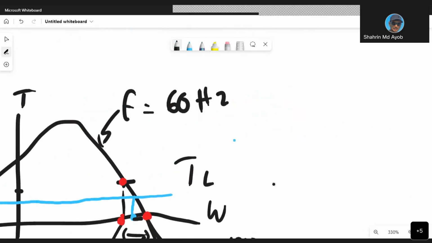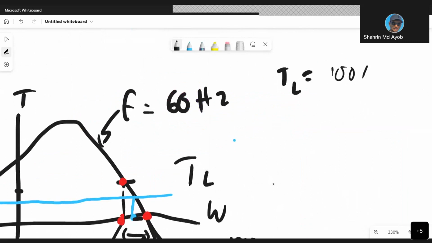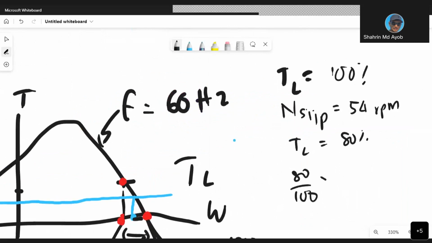So when your torque load is 100%, berapa dia punya end slip? Tadi you kira. 54 kan? Kalau torque load you 80%, berapa? So 80 bagi 100 kalikan dengan 54. Kan?